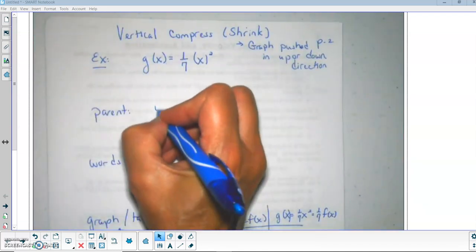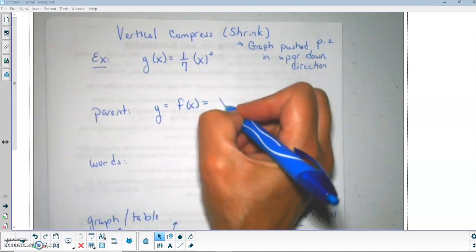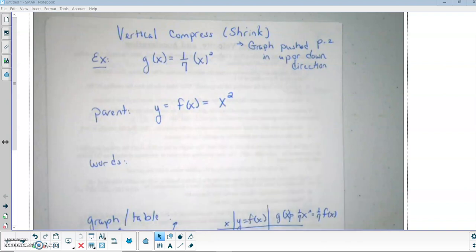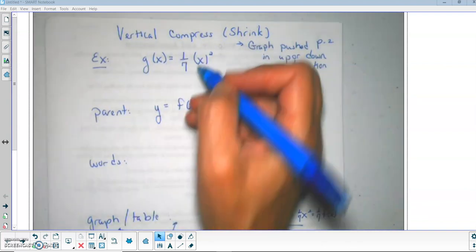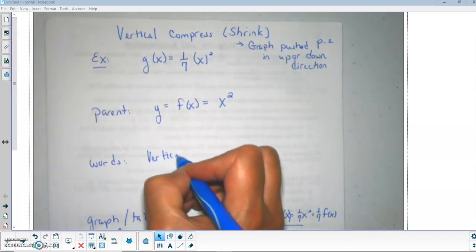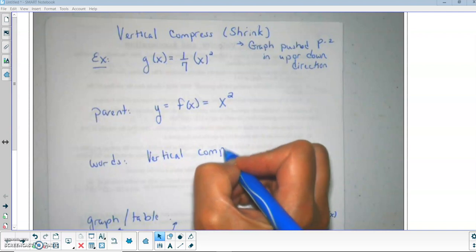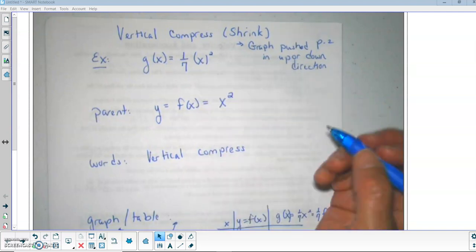Again, the parent for this example is still y equals f of x, the quadratic function. And in words, what is this 1/7 doing? It is a vertical compression. And that is because the absolute value of 1/7 is less than 1.